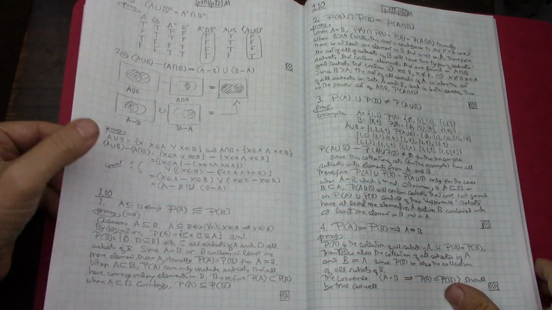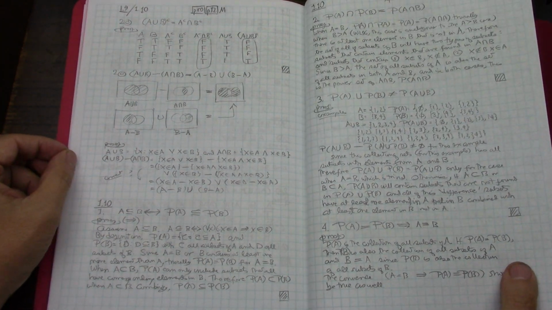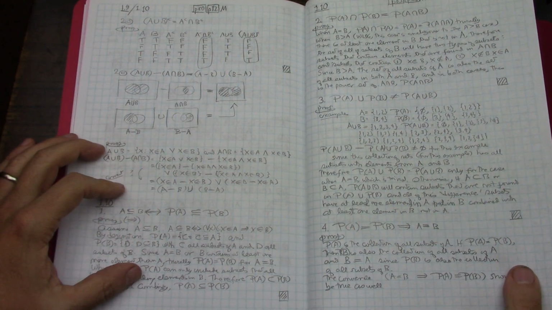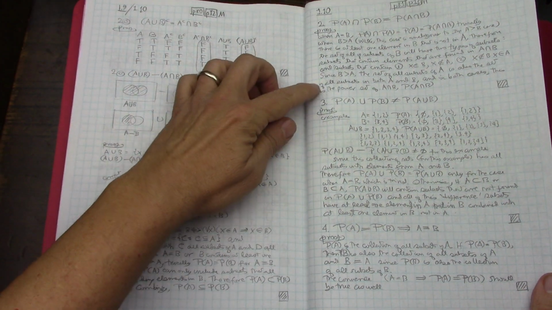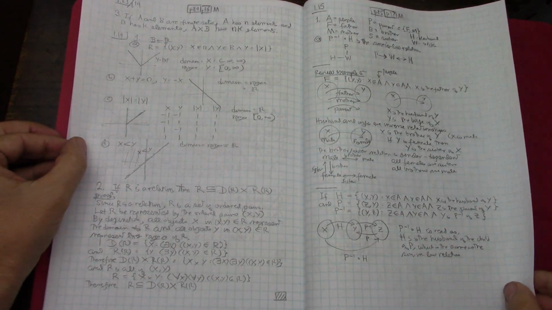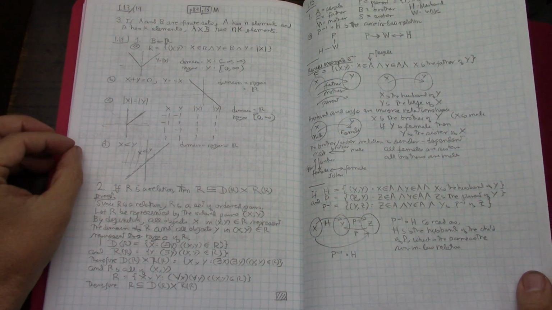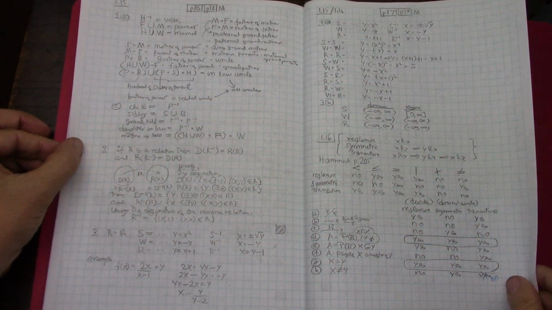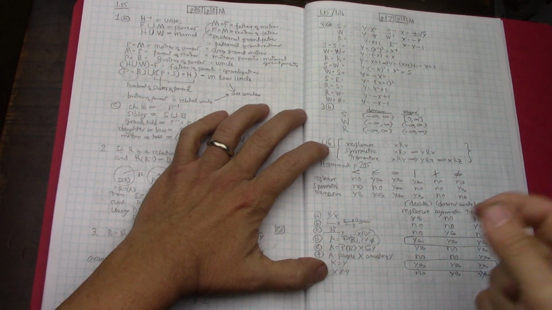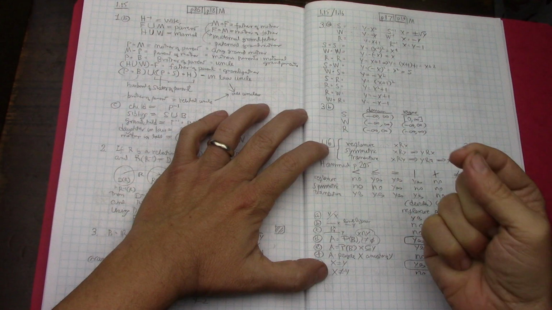So again, logic, very simple material for me these days because I had this material in Hammock. Power sets, some proofs about power sets, unions, intersections, composition of functions, relations, of course, symmetric, transitive, and reflexive.